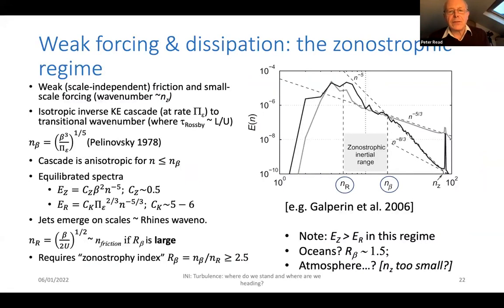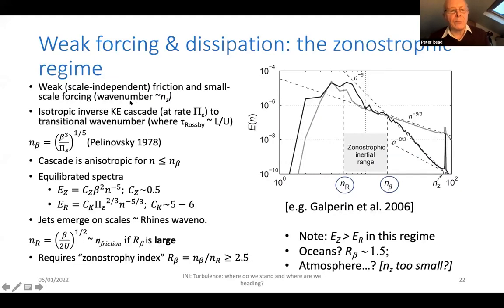So this is a particular situation where friction and forcing is relatively weak, and the forcing is primarily taking place at relatively small scales, at high wave numbers, indicated here by NZ.